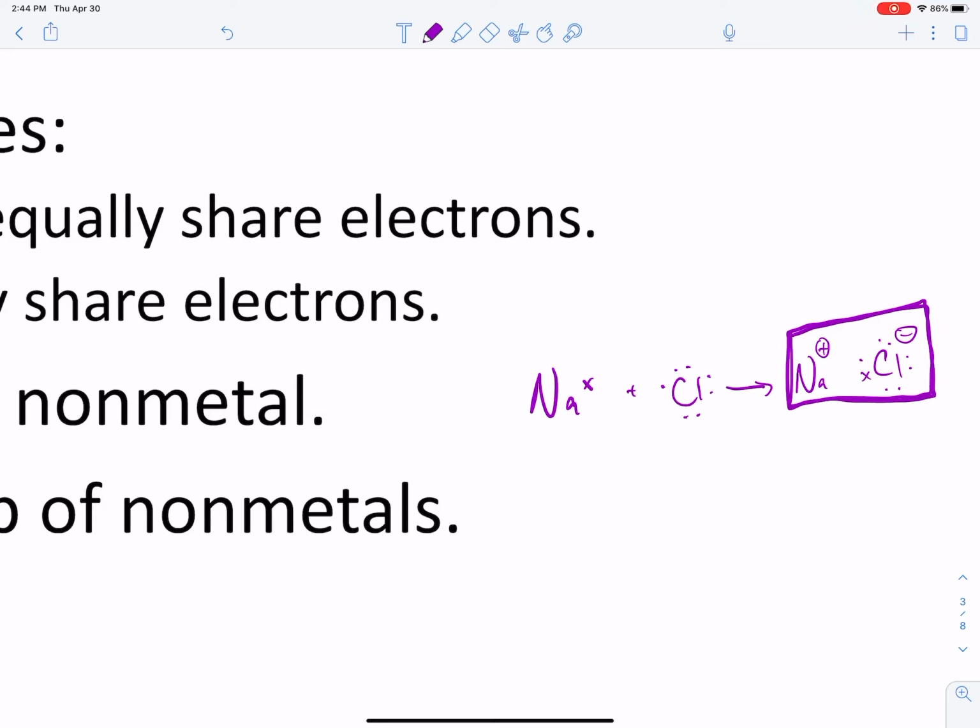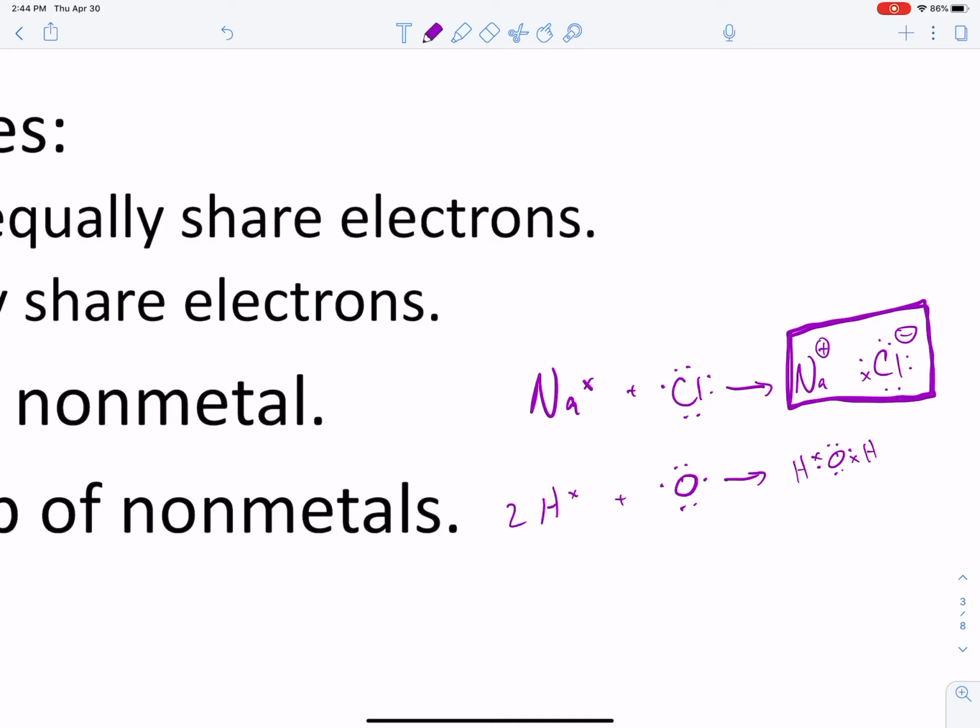With water, we have 2 of these H's, like this, that will react with 1 oxygen that looks like this. But when this happens, we actually have an H that binds like so, and an H that binds like this.